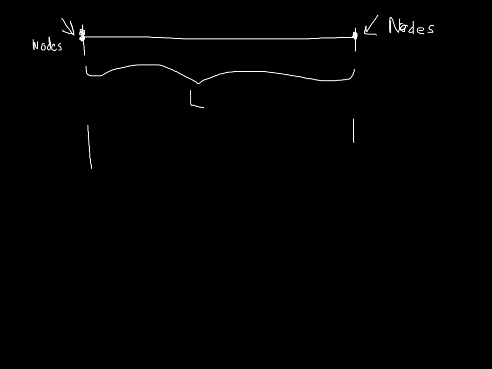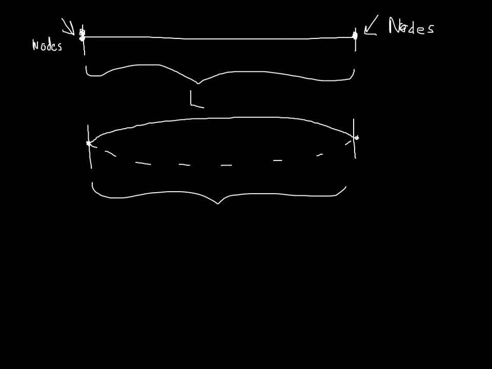The first frequency, the first sound that I can hear off of my guitar will happen when I have a wave that goes up and comes back down, and then it bounces back, and that bounce back is going to be my standing wave. This is what my first guitar string pluck looks like. My string is still a length L, but the wave that I've set up is very specific.